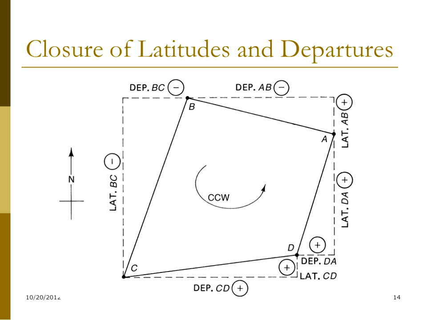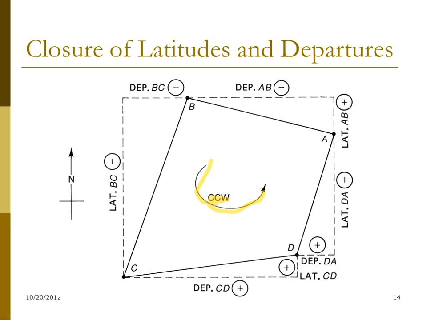Here's the cool part about the latitudes and departures and why they're important. We are looking at a four-sided figure, A, B, C, D, in a counterclockwise direction. So we're going from A to B, B to C, C to D, and D to A. Notice that each one of these can be broken down into your latitude and departure.